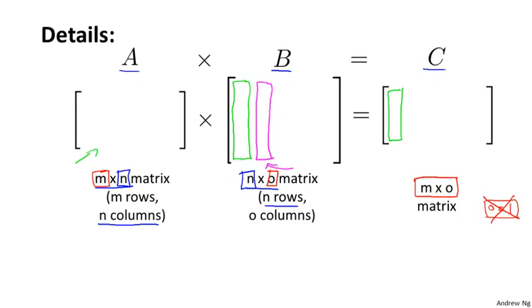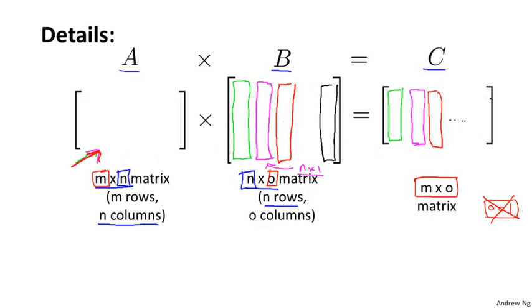This column here is n by 1. It's an n-dimensional vector. I'm going to multiply this matrix with this n by 1 vector. The result will be an m-dimensional vector, which I'm going to put there, and so on. Then I'm going to take the third column and multiply it by this matrix. I get an m-dimensional vector, and so on until you get to the last column, where the matrix times the last column gives you the last column of C.